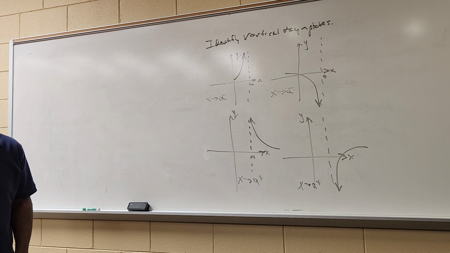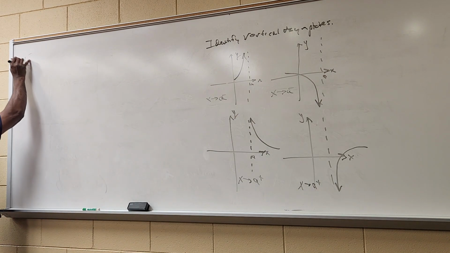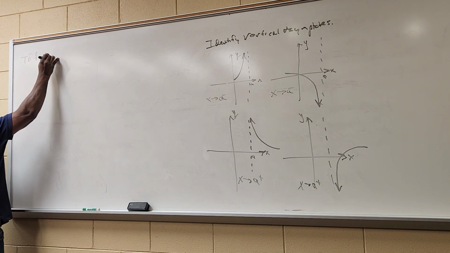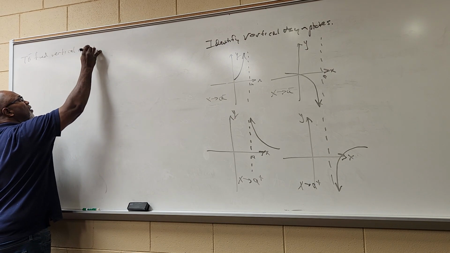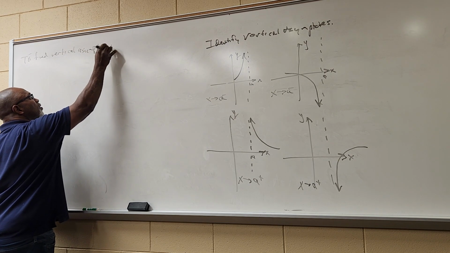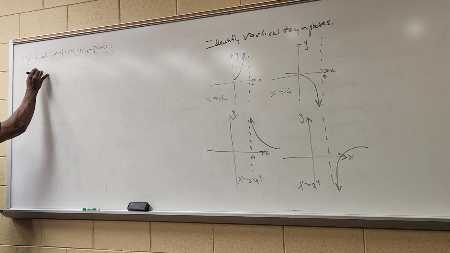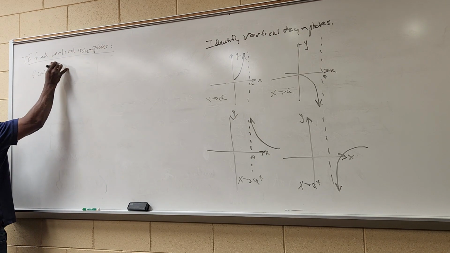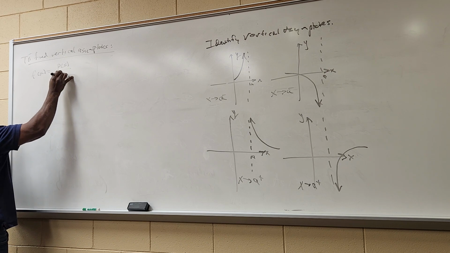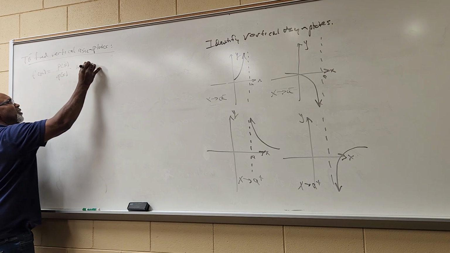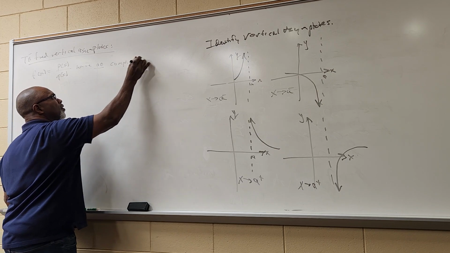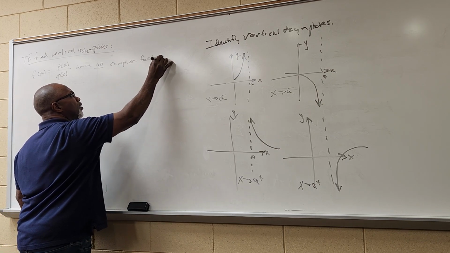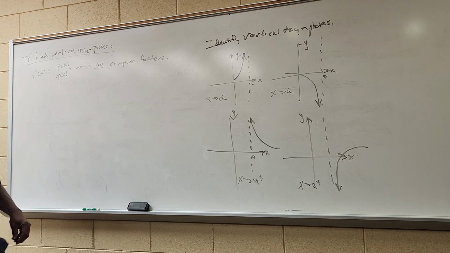Well, to find vertical asymptotes: Number 1, we got to make sure f of x equals p of x over q of x, and I got to make sure they have no common factors. I've got to factor those things and make sure they have no common factors.